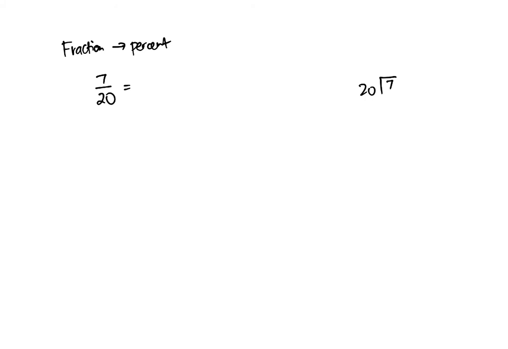How many 20s are in 7? None. We have to add that decimal point. In 70, there's going to be 3. Remainder 10, add another 0 there. In 100, there's 5. So 0.35 is the equivalent. Changing that to a percent, move this point 2 times to the right. 35%.